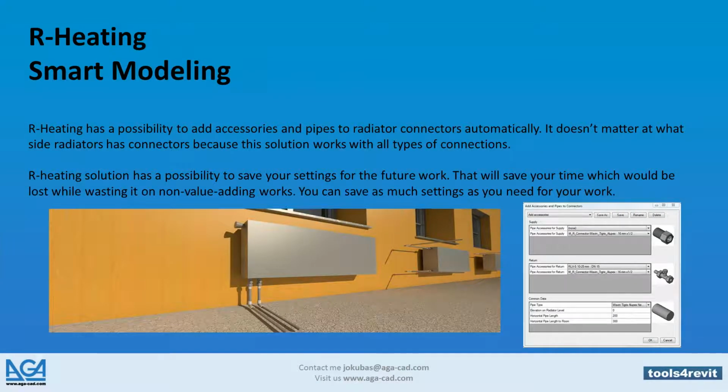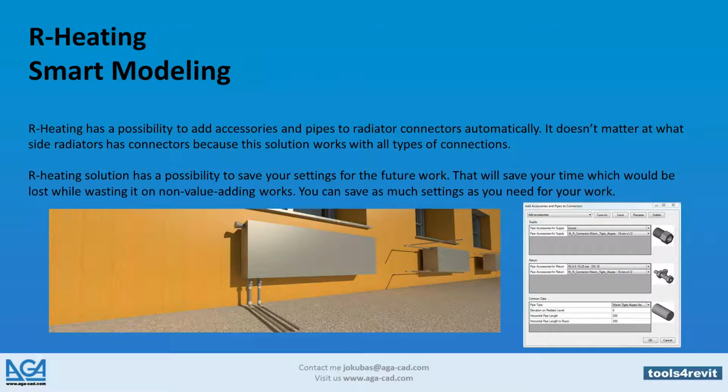The next thing of our heating, it's also based on smart modeling. The R heating solution has the possibility to add accessories and pipes to radiator connections automatically. It doesn't matter at what side radiator has connector, because the solution works with all connections.